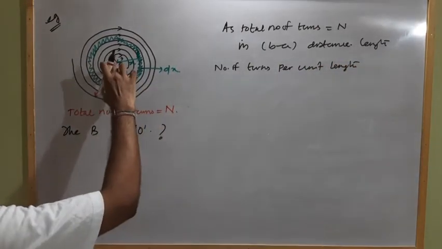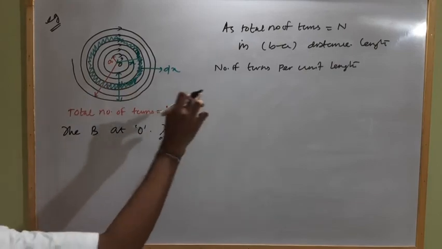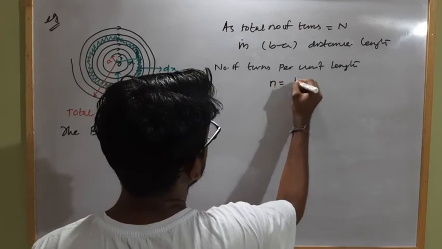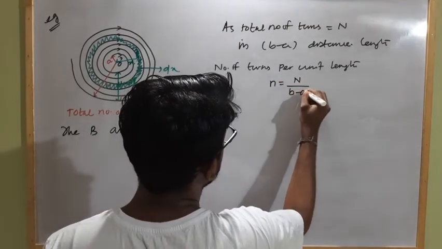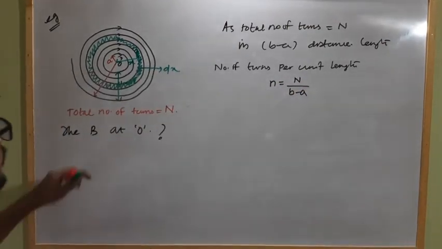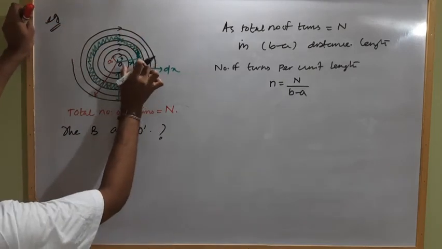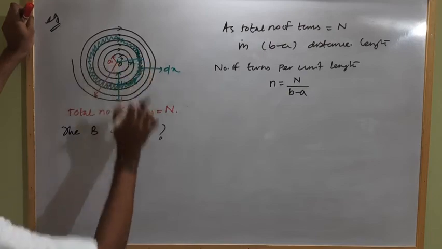In B minus A length there are N number of turns. So per unit length the number of turns will be small n equal to N divided by B minus A. Clear? And we are considering a circular coil of thickness dx which is at a distance x from point O.